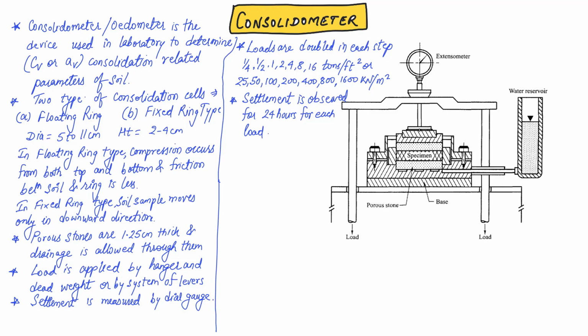So the maximum time duration for each installment is around 24 hours, and the dial readings are taken at elapsed time in some regular time intervals like 1/4, 1/2, 1, 2 minutes, 4 minutes, 8 minutes, 15 minutes, 30 minutes, 60, 120, then 240 minutes, and then 480 and 1440 minutes from the time the new increment of load is applied to the soil.